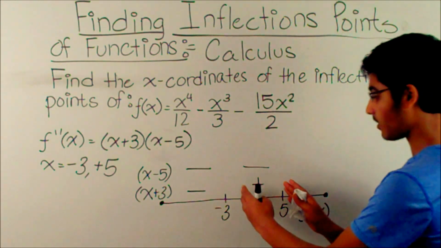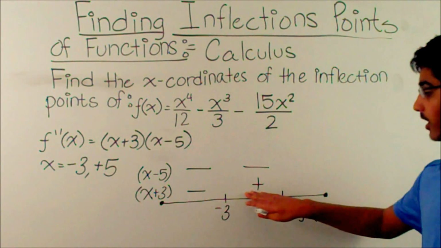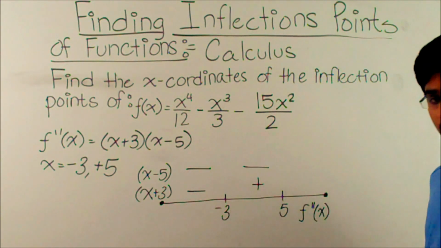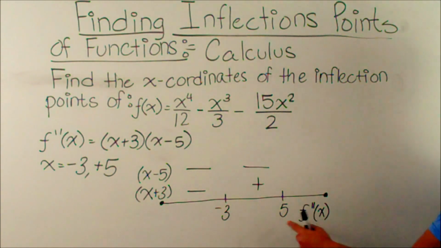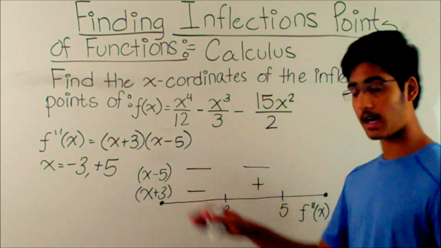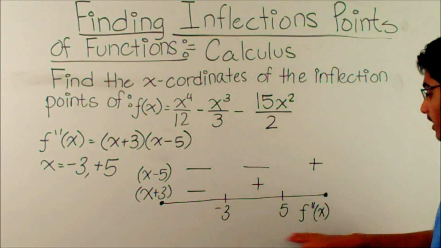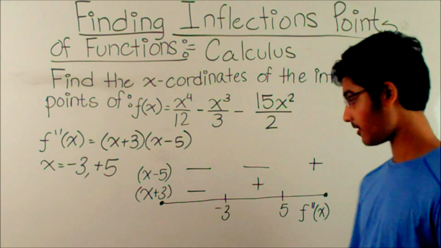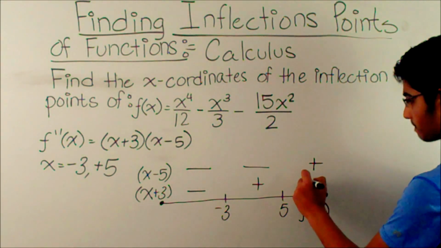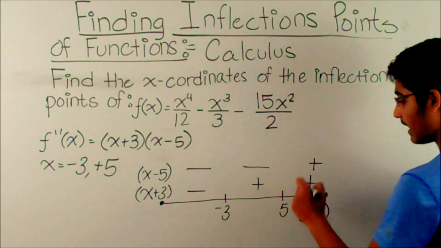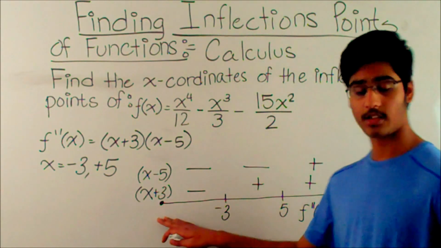So that's why these intervals are like this, where they are true for the whole interval. So if we move on from 5 to infinity, we know that anything greater than 5 minus 5 will be positive, right? And anything greater than 5 plus 3 will also be positive. And this is true for anything greater than negative 3.